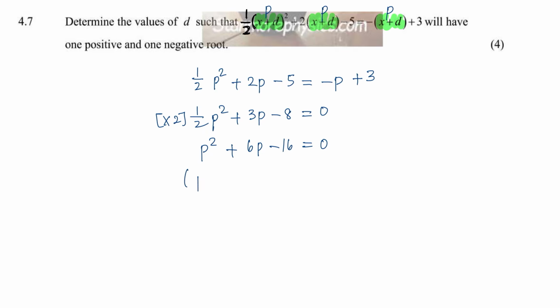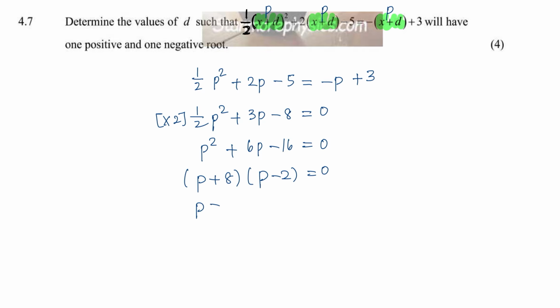Let's transpose and write it in standard form. Half p squared plus 3p minus 8 is equal to 0. Now we multiply by 2. We'll get p squared plus 6p minus 16 is equal to 0. We can now factorize. We'll get (p plus 8)(p minus 2) is equal to 0.